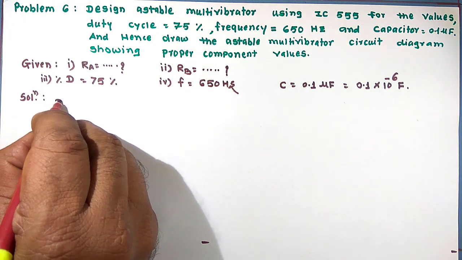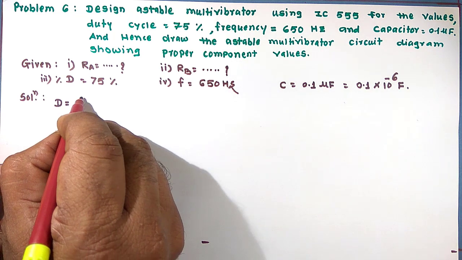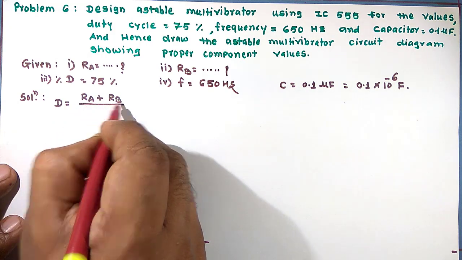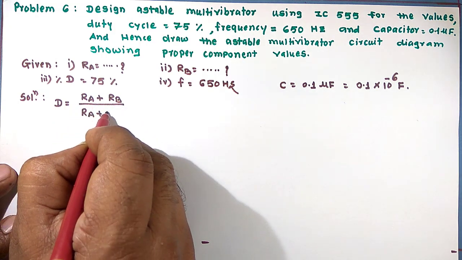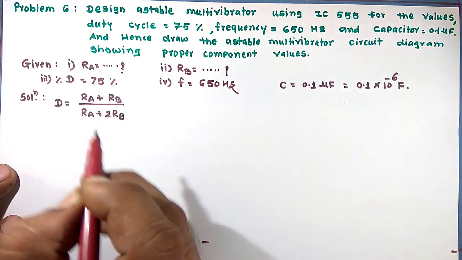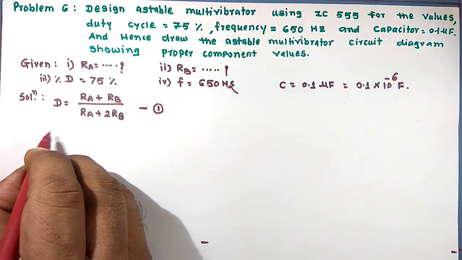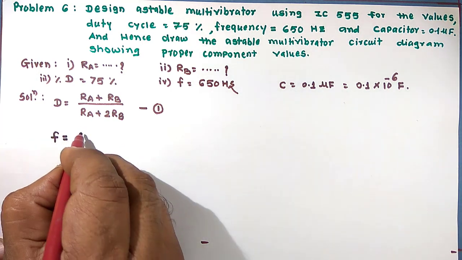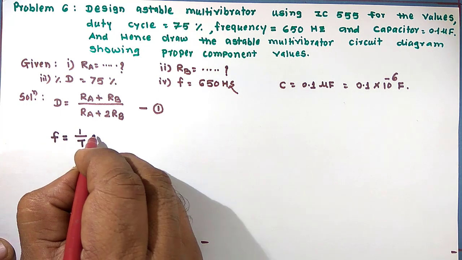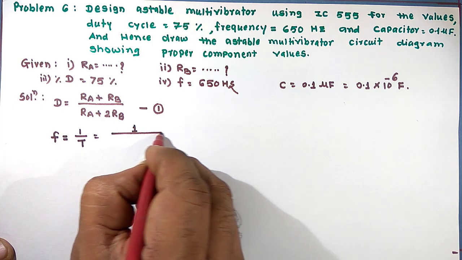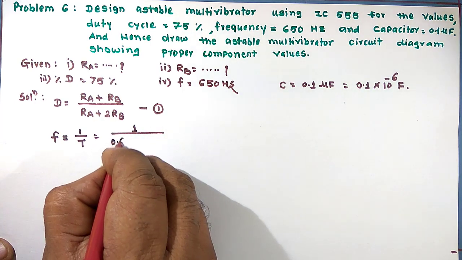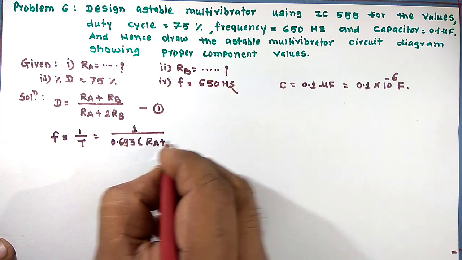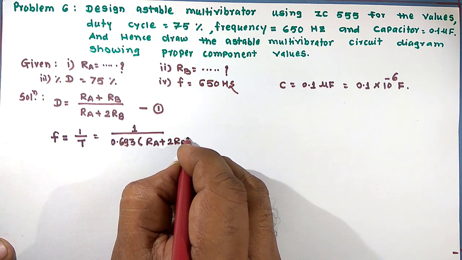So duty cycle D is given by formula RA plus RB divided by RA plus 2RB. Next formula that we are going to use is of frequency. We know that frequency is equal to 1 upon T, and T is 0.693 into RA plus 2RB into C.